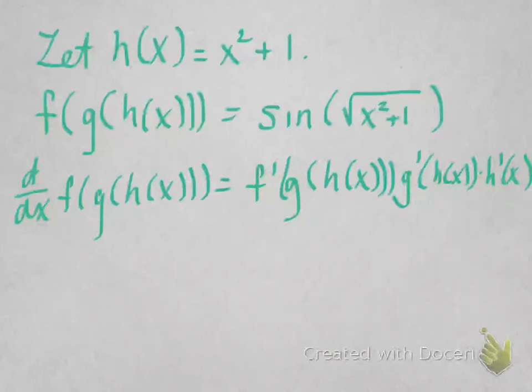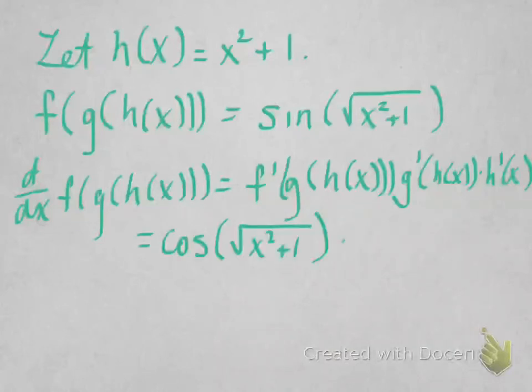And remember, the chain rule for f of g of h of x, the derivative of that is f prime evaluated at g of h of x times g prime evaluated at h of x times h prime of x. So take a minute, see if you can do that.